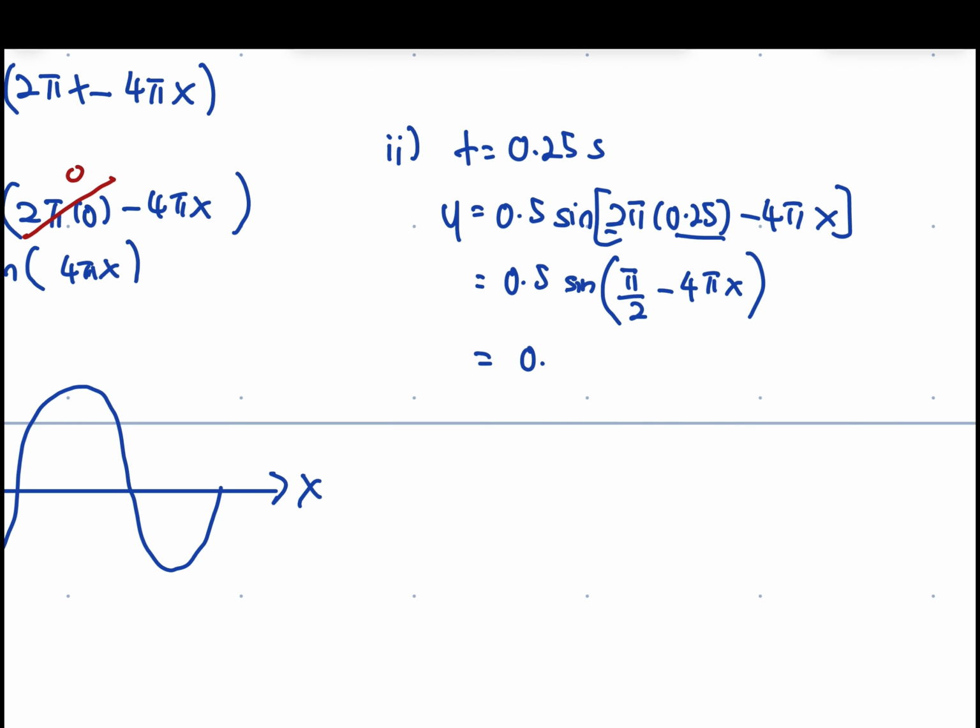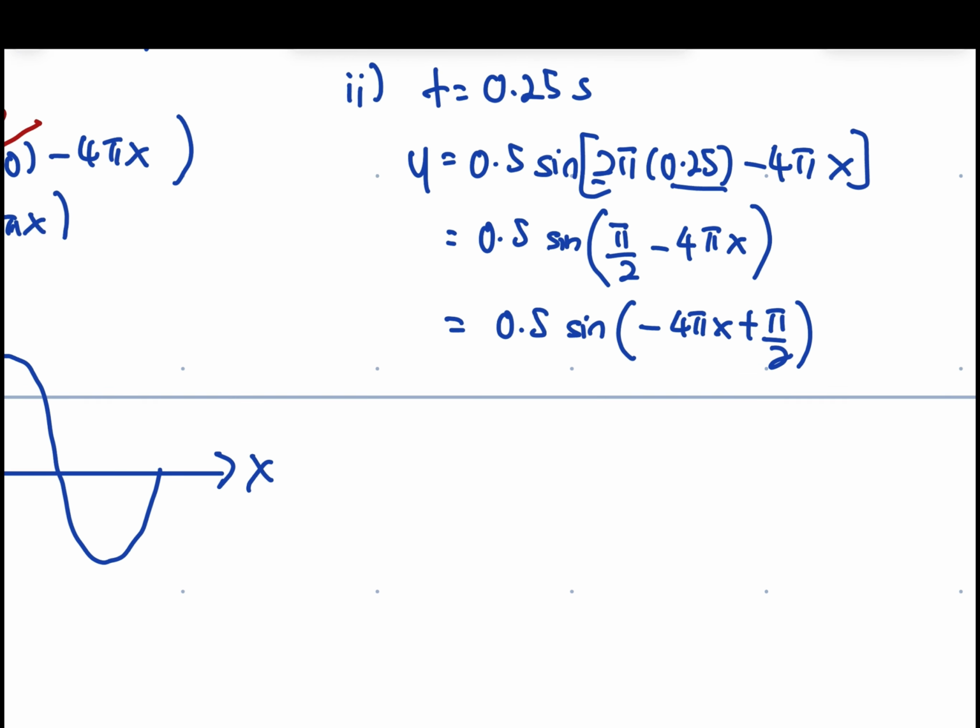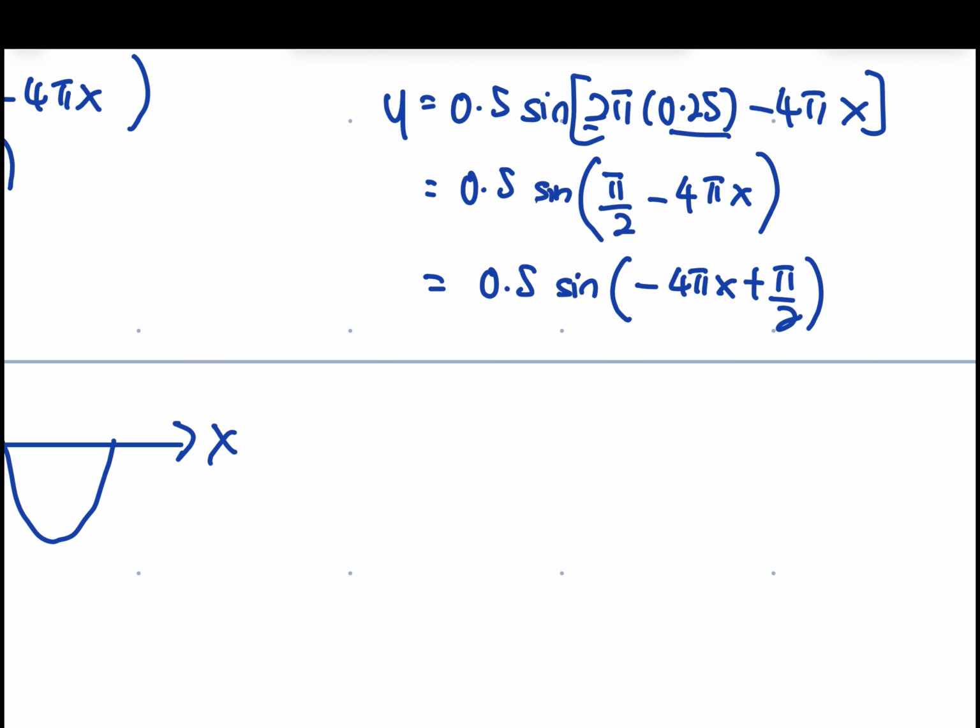So my equation will become 0.5 sin(−4πx + π/2). This is our phase at the back. Now again, there's a negative with the x, which is our x-axis, so we don't want the negative. We need to move the negative out.